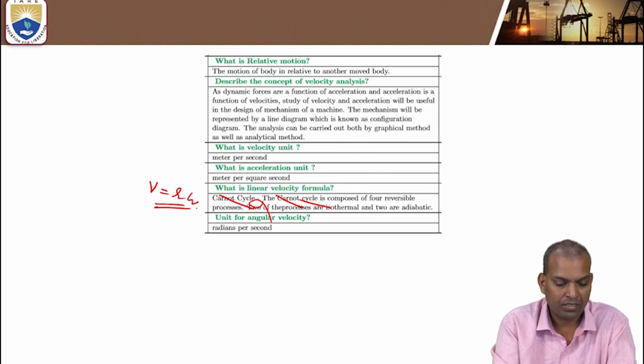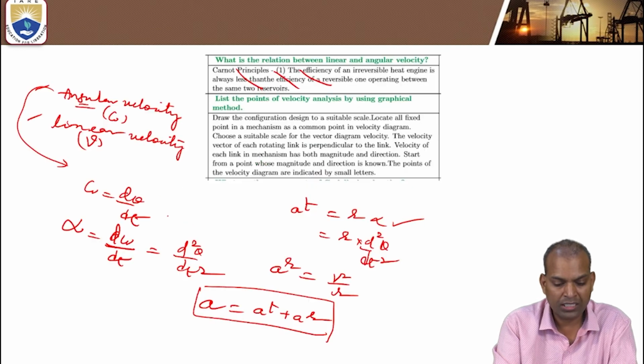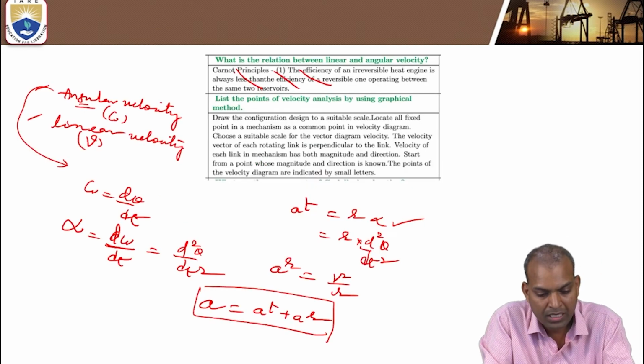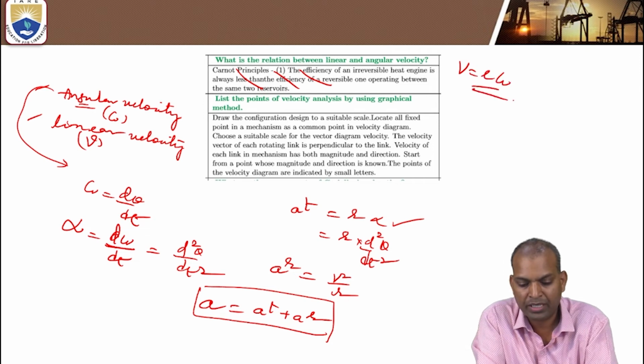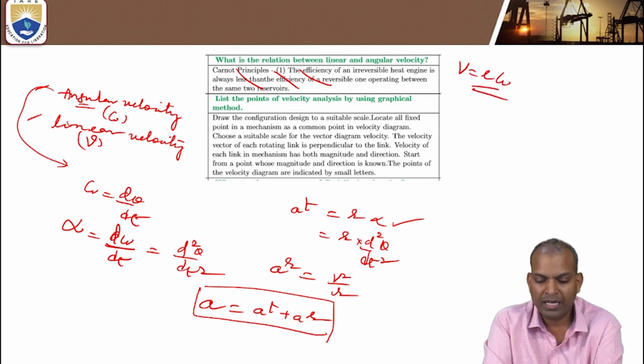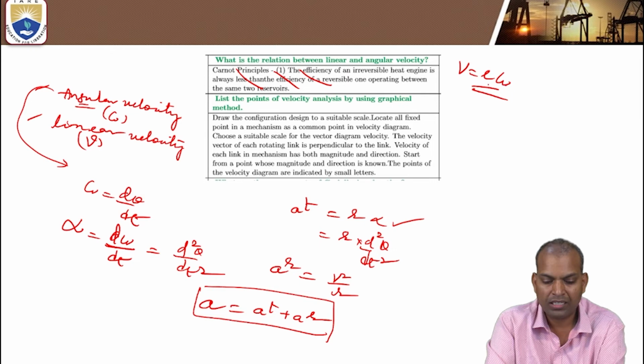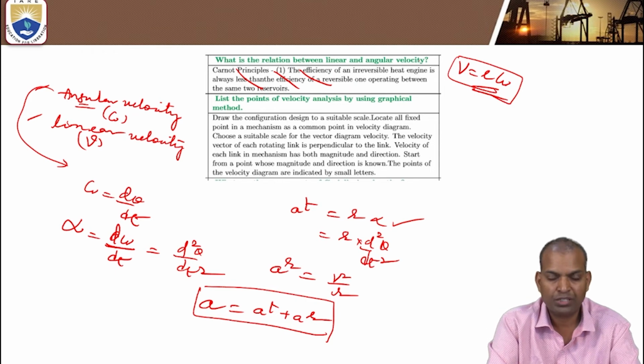That is the formula. So what is the unit of angular velocity? That is radians per second. Similarly, the relation between linear and angular velocity is v equals r omega, where omega is angular velocity, r is the radius, and v is the linear velocity. This is the formula of relationship between linear and angular velocity.